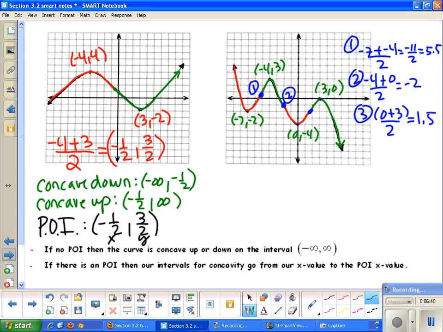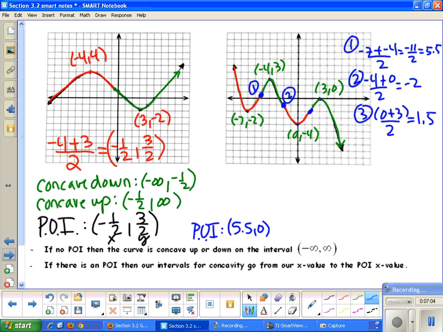Now for this, I can figure out what the actual point of inflection is. So I'm going to write them out. For the first one, I have -5.5. So if I look at my graph, 1, 2, 3, 4, 5.5, it looks like we're at about a half. Actually, it looks like we're at 0.